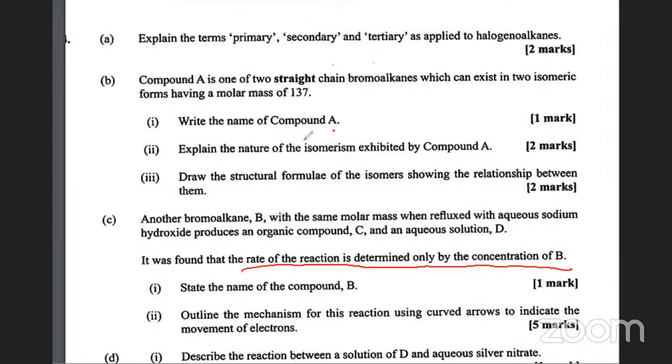Let's make it tertiary. We have 4 carbons. Let's see if we can make it tertiary. So CH3, CH3, CH3, and then Br above.